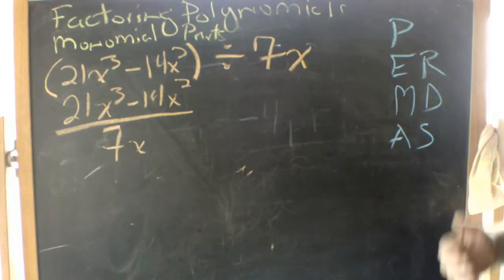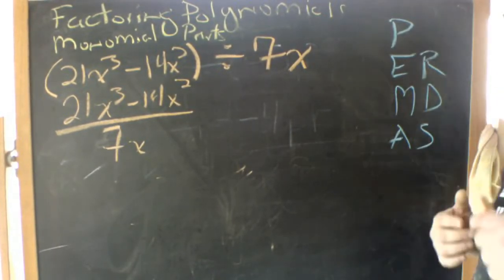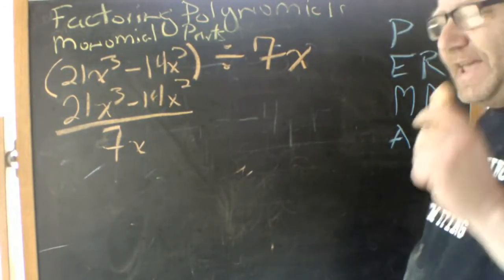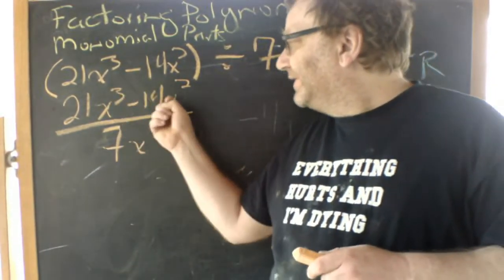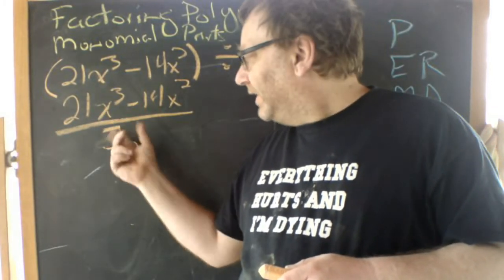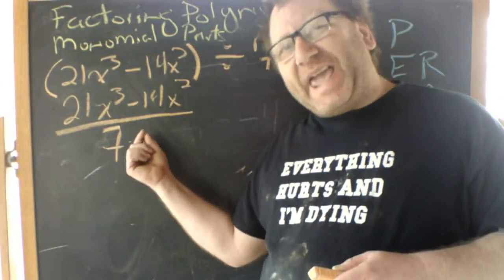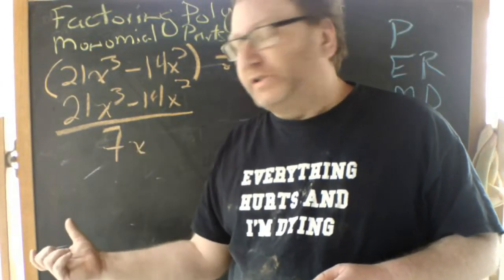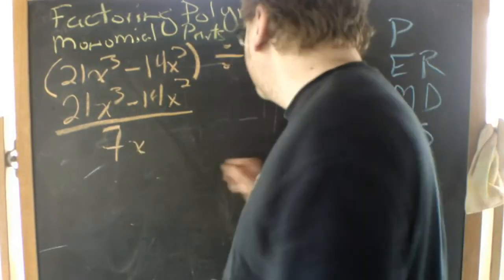So I write this as a fraction. Now here we're going to rely on something to help. And this only works if the addition and subtraction is upstairs. Right? I can have additions and subtractions downstairs, but I can't break them apart. I can break this apart. And here's why.